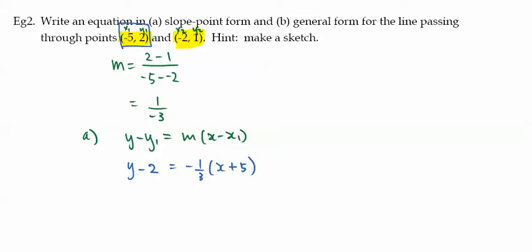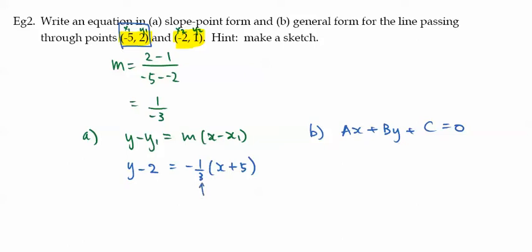Changing your slope point form to general form, the idea is to come up with ax plus by plus c equals 0. One important concept for the general form is that we don't want denominators.